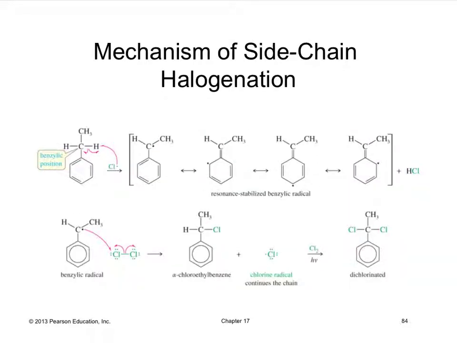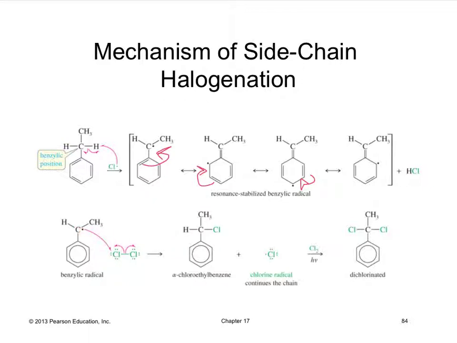In terms of the mechanism for side chain halogenation, it is shown here. It's radical, so it'll pluck off hydrogen by forming a bond, and then a radical forms over here. Now you have resonance, where you can have electrons move that radical around, shown here, and then the radical can be quenched, right?